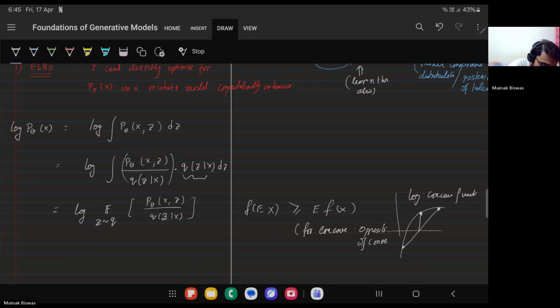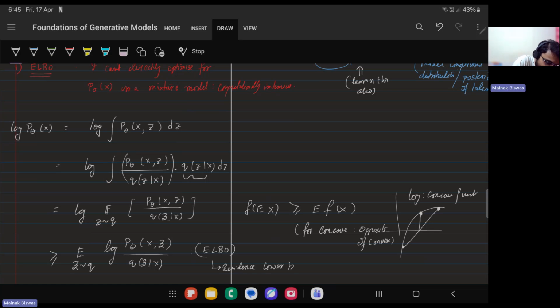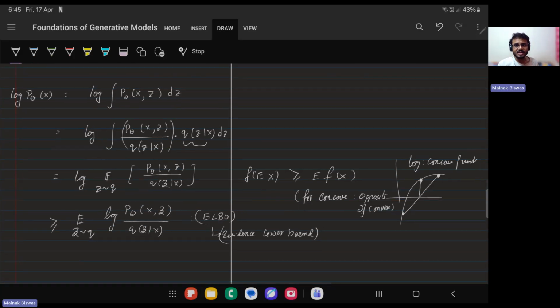So this can be written as the expected value over Z. Now this solves the log of sum of expectation. See, now log goes inside the expectation, and we can solve it easily. So this is called the ELBO, or the evidence lower bound. Now you may ask, but how does it help?